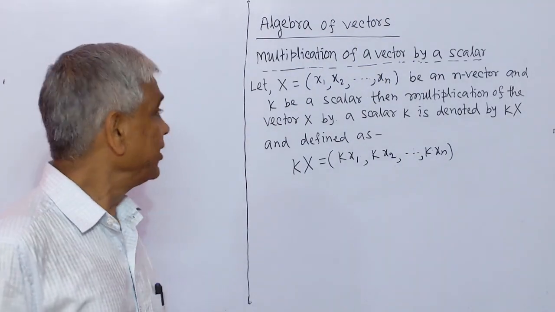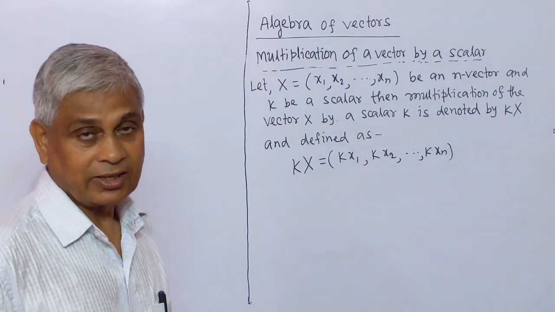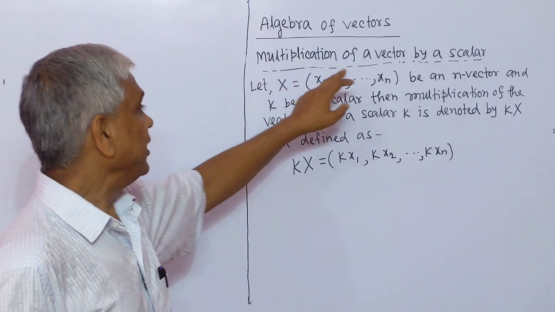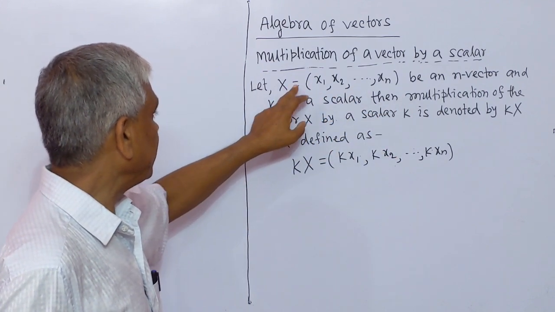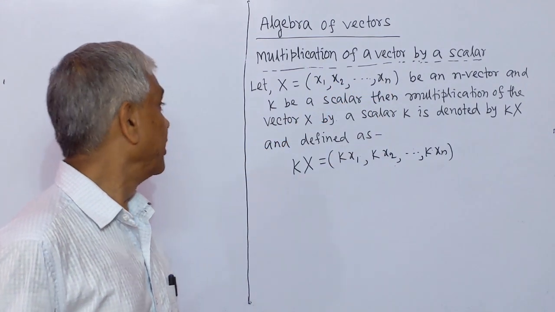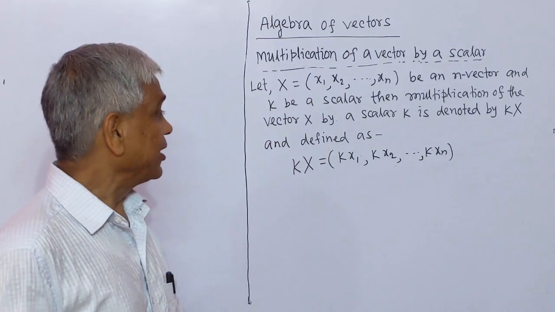Now we define multiplication of a vector by a scalar. Let capital X be an n vector. Here the number of components of capital X is n: x1, x2, dot dot dot, xn, and k is a scalar.